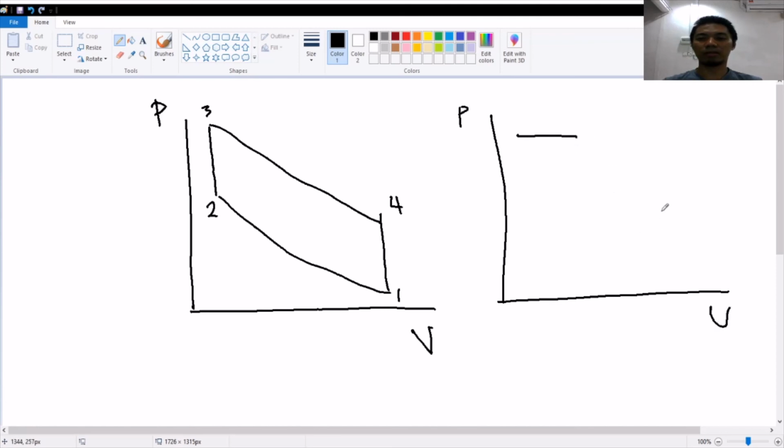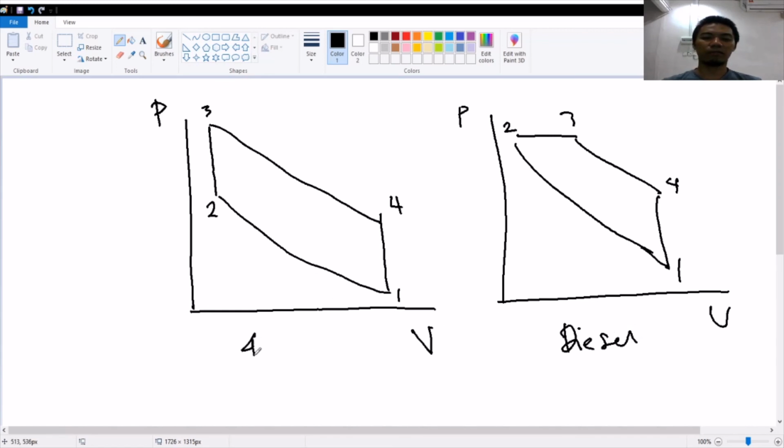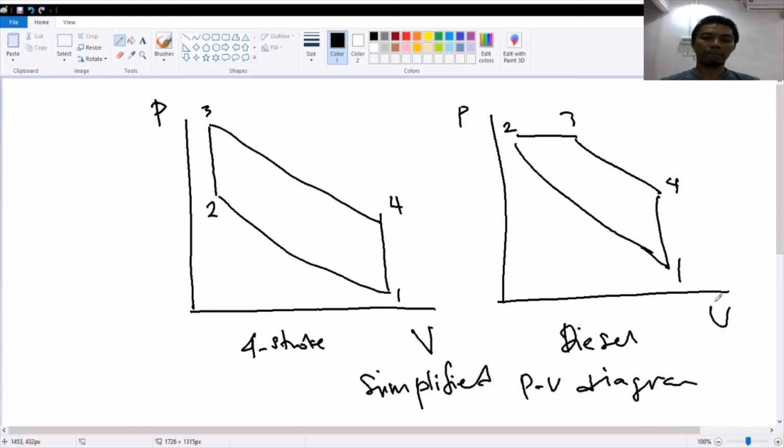It is like this. Yes. 1, 2, 3, 4. This is diesel. This is 4-stroke. Simplified PV diagram. Let me stress that. Okay, easy. For me it is easy.